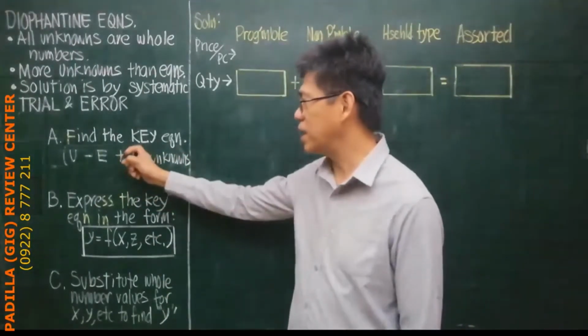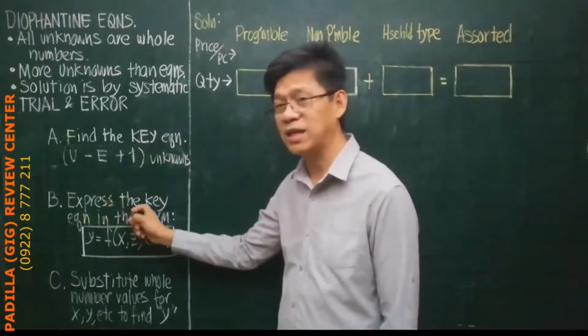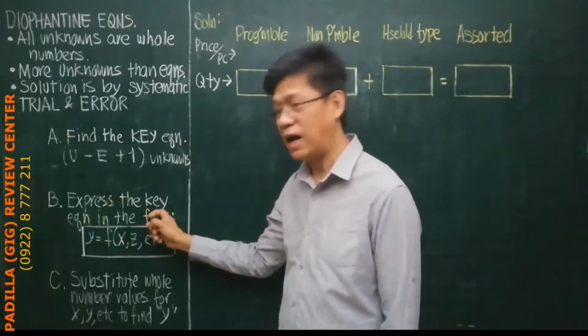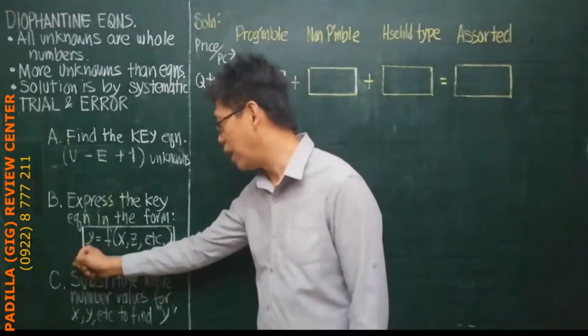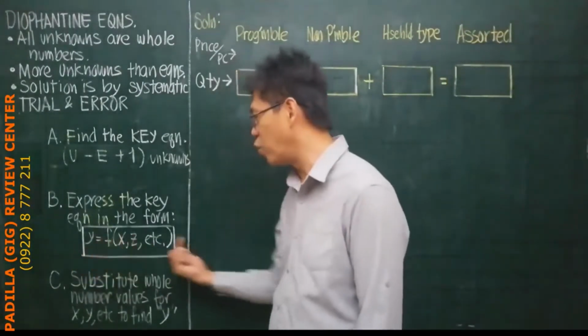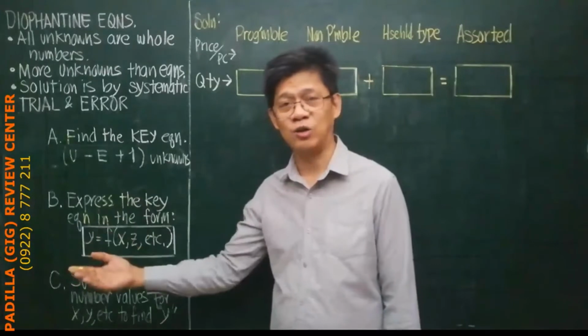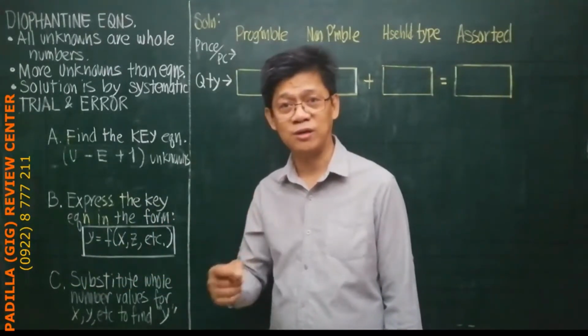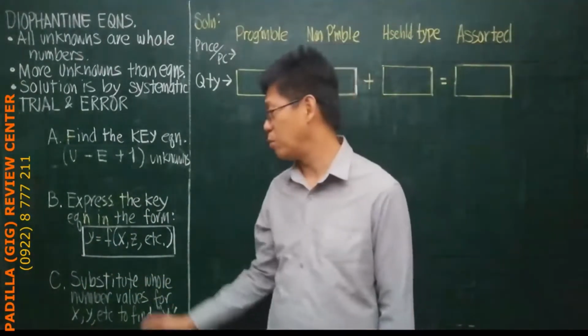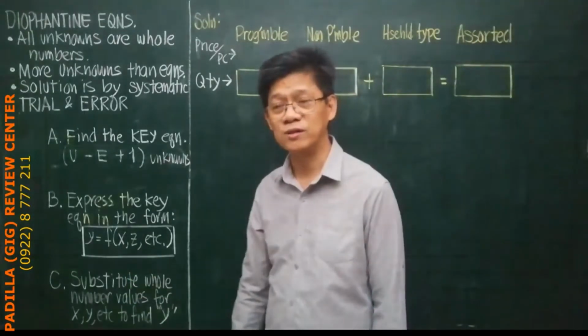Now, once you have the key equation, express that key equation in the form of y as a function of all other variables. So, just bring one unknown to the left. Then express it in terms of all other unknowns.